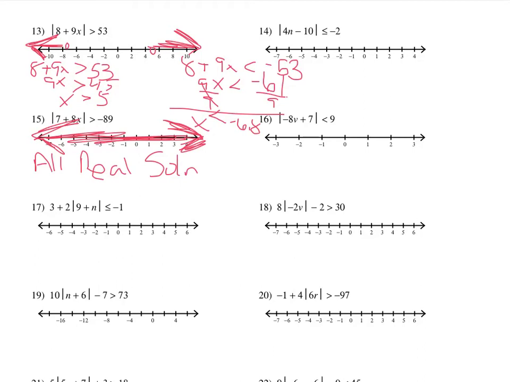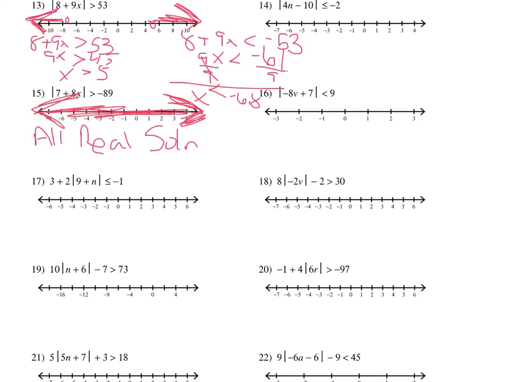Let's look at 17. The first thing I'm going to have to do is get the absolute value by itself. So I'm going to subtract the 3. So I'll have 2 times the absolute value of 9 plus n is less than or equal to -4.